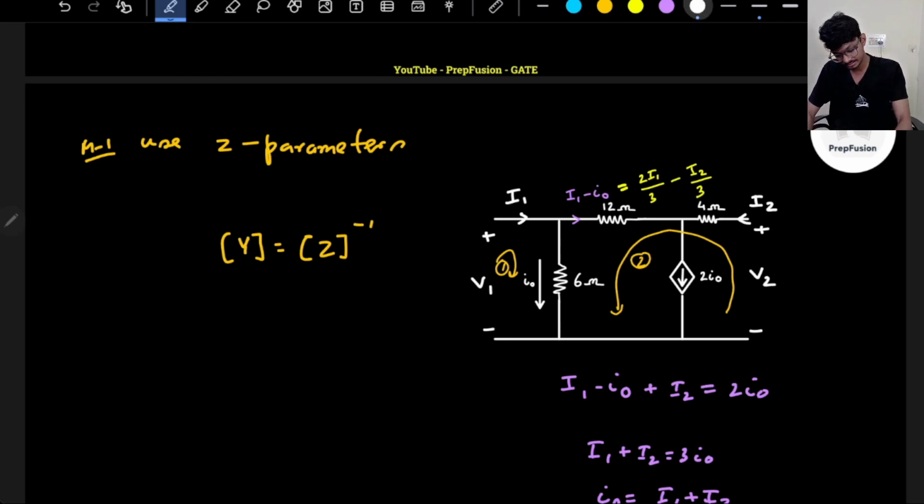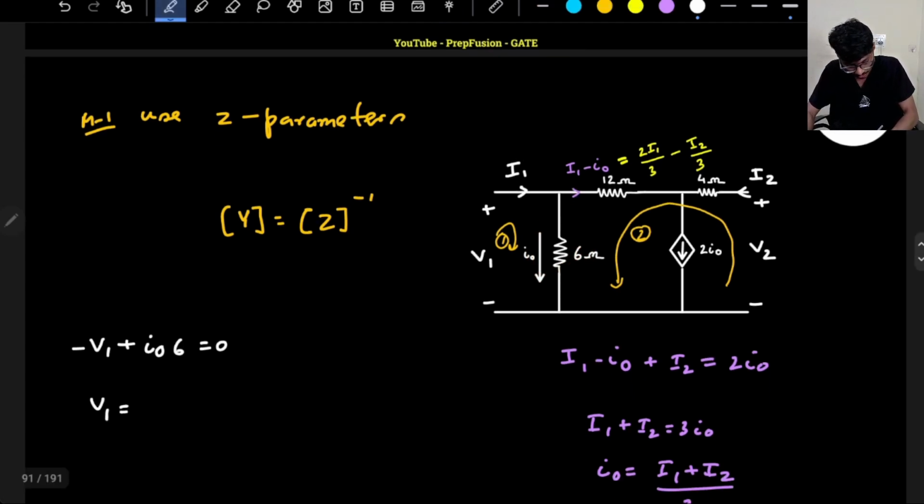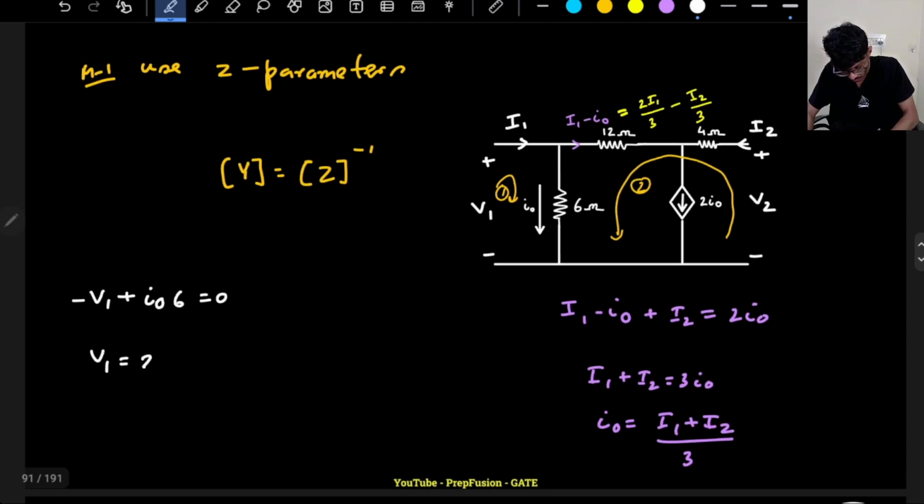So if I apply the KVLs, in the first KVL, minus V1 plus I0 plus I0 into 6 equal to 0. So basically my V1 equals 6 into I0. I0 is I1 plus I2 divided by 3. So it will be 2I1 plus 2I2. This is my V1.